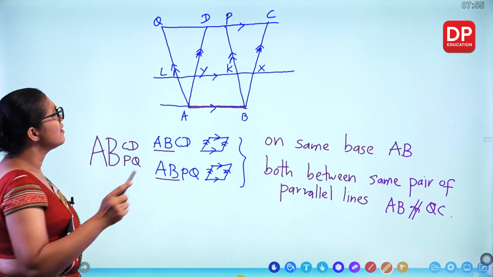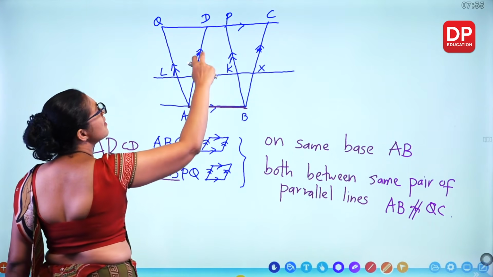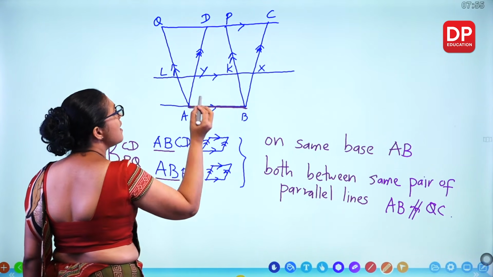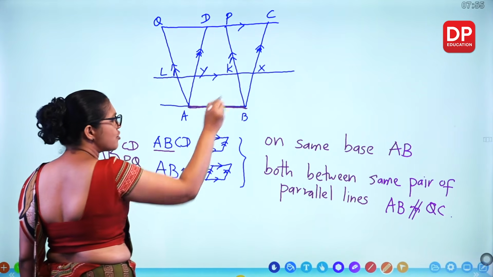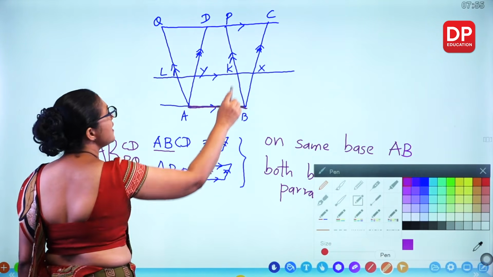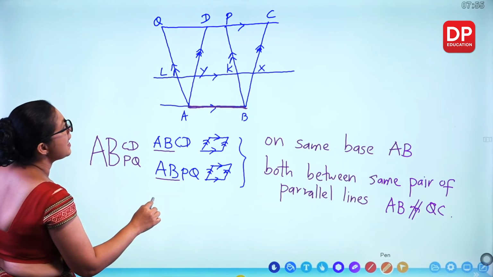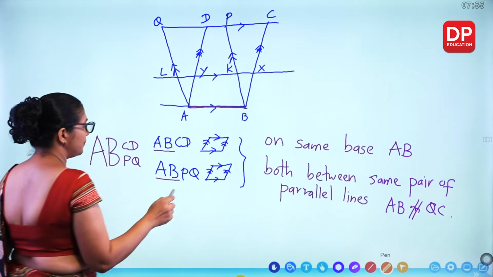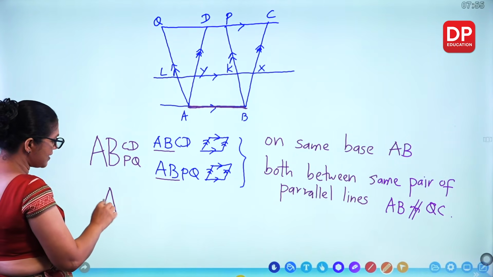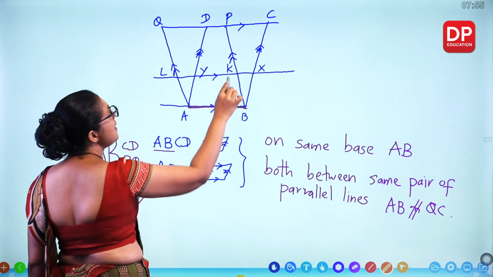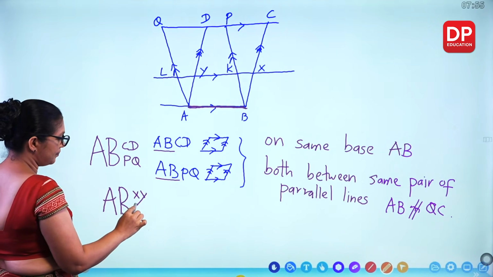The smaller one is not in between the same pair of parallel lines. But if you take the small parallelograms, this one and this one, I'll write like this, ABXY and ABKL.